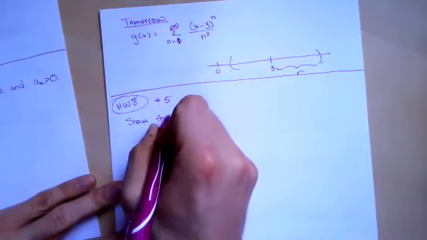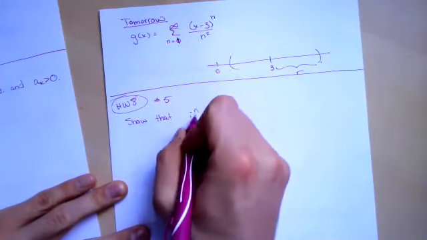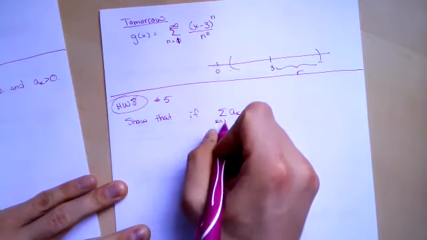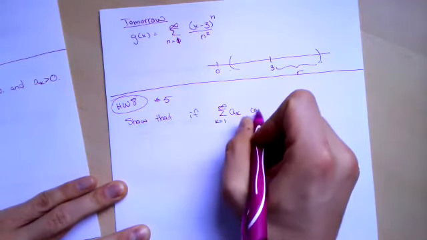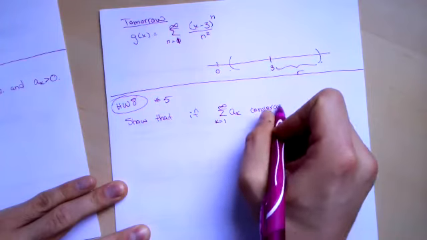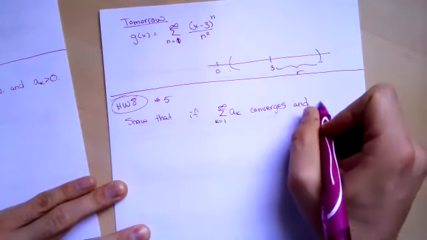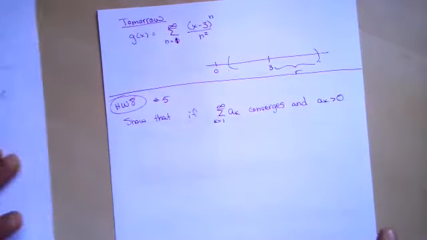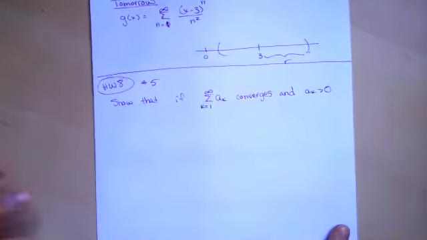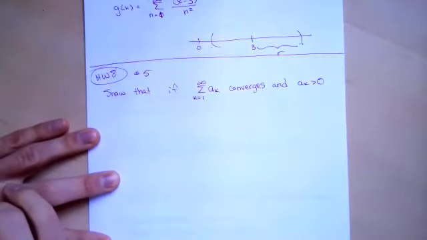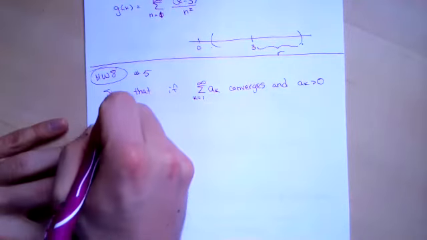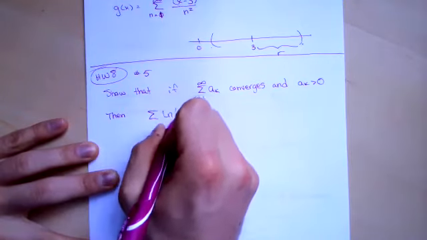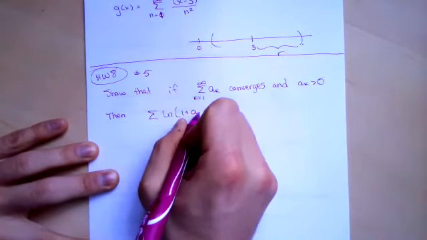So we have: show that if we have some series that converges, and moreover the terms are positive, so it's a positive series, and the terms are decreasing fast enough that it converges, then this series converges.